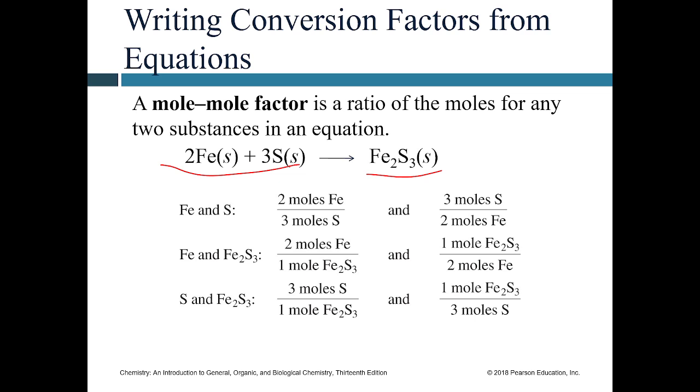But I think I need more sugar to make a cake, don't I? Anyways, so these are just the mole-to-mole factors or mole-to-mole ratios. Usually referred to as mole ratios, but your book calls them mole-to-mole factors, so I'm going to stay consistent with your book.